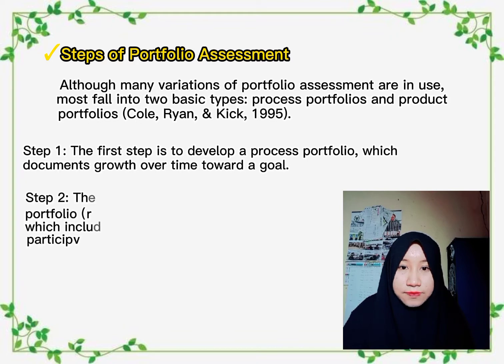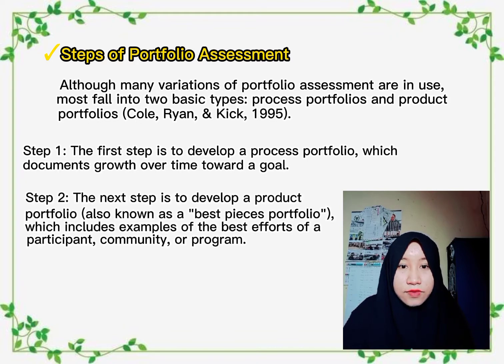The second step is to develop a product portfolio, also known as a best pieces portfolio, which includes examples of the best effort of a participant, community, or program. These also include final evidence, or items which demonstrate attainment of the end goals.